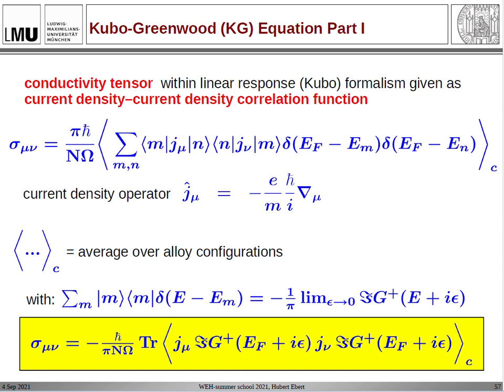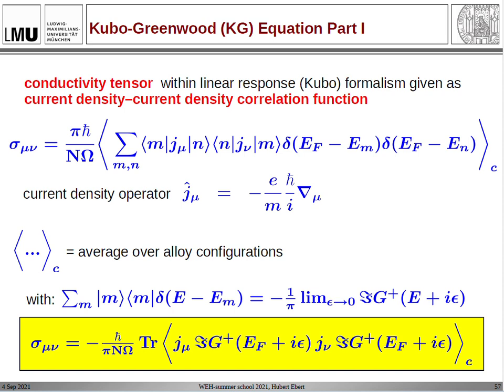And again, making use of that Dirac identity I used already before, you can translate that in the language of Green's function. And now you have something at hand you can handle with the KKR. And these brackets mean you can do the averaging by means of the CPA. And this was exactly what he did.